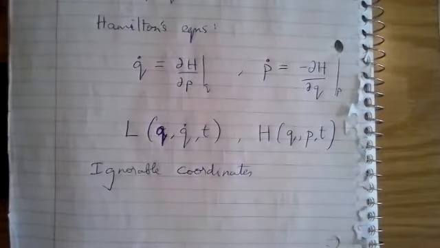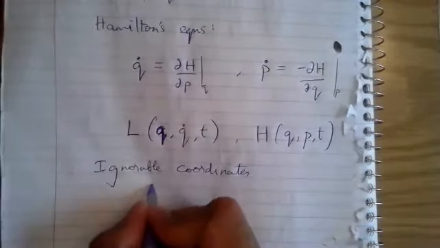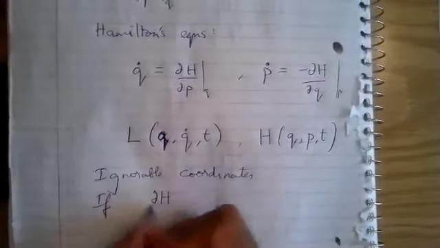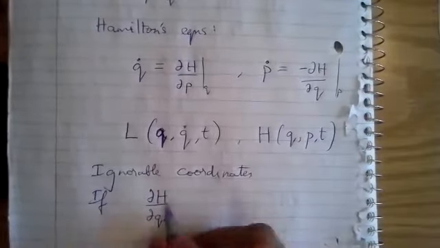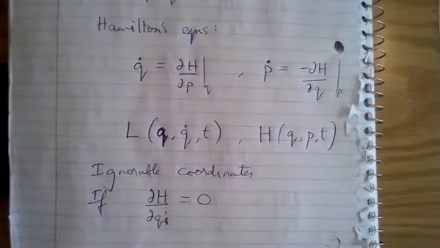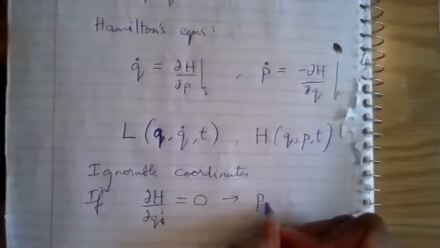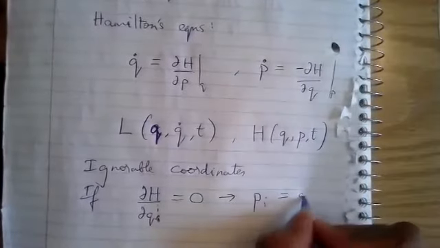We end up seeing that angular momentum was conserved, for example. The Hamiltonian formalism tends to make that a bit more explicit, because if your Hamiltonian is not dependent on some particular coordinate q_i, then the partial of H with respect to q_i is 0, which immediately tells you that the corresponding p_i is going to be constant.